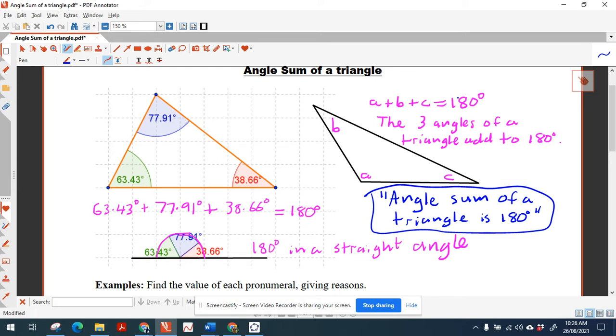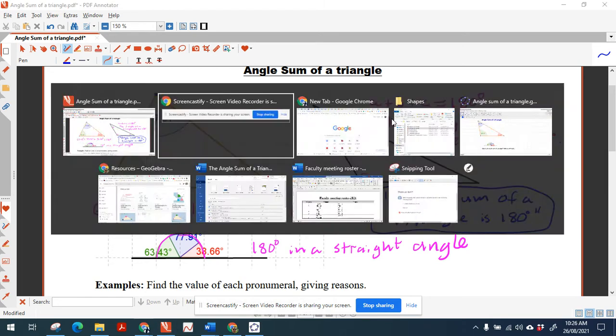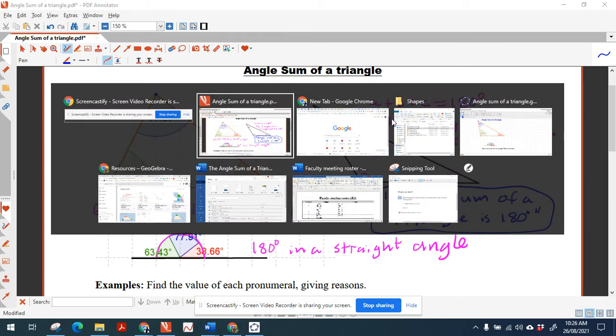Now let's just have a quick look at another triangle, because I've only shown you a couple of triangles. It's true for all triangles.